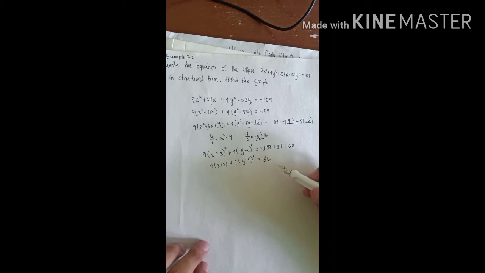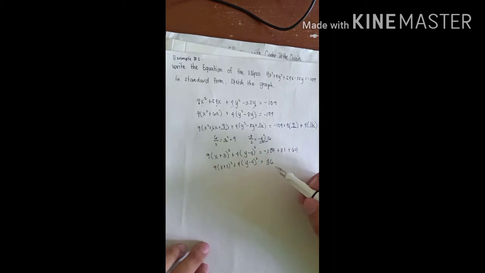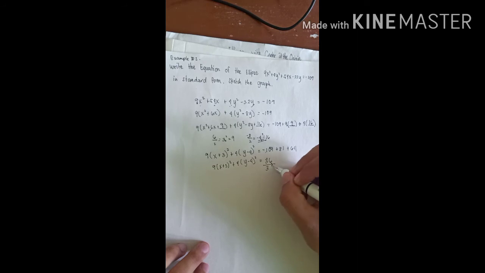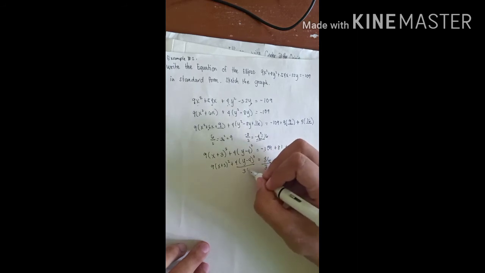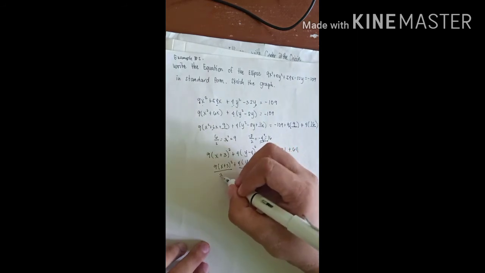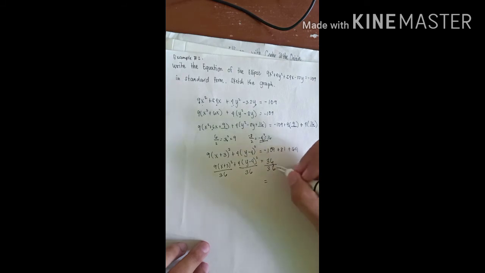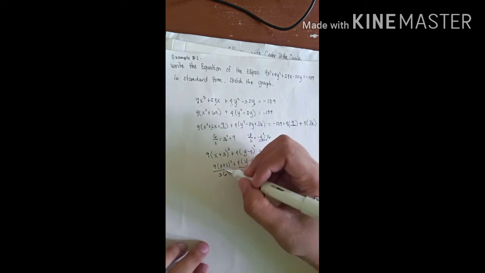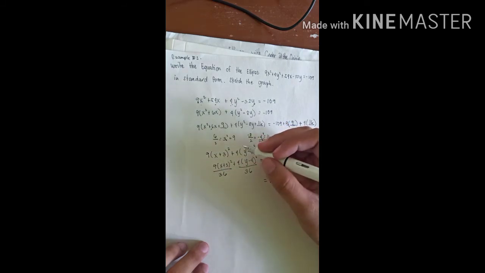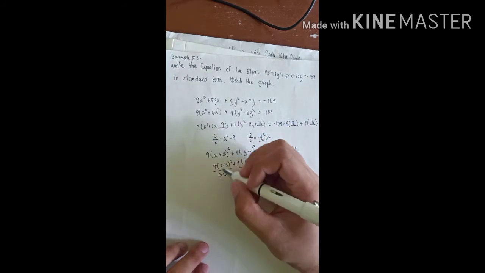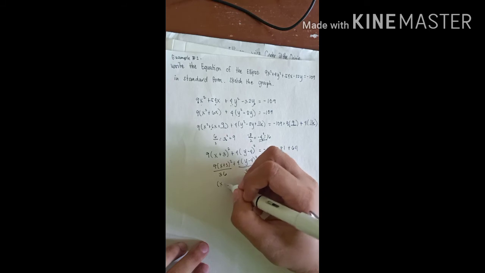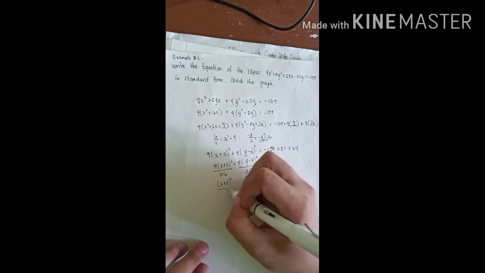Okay, next, what you're going to do now, so kailangan nga maging 1 yung sa right side. So, ang gagawin natin, i-divide natin to by 36. Divided by 36. So, 36 divided by 36, that is equal to 1. And then, 9 divided by 36, that is equal to 1 over 4. So, x plus 3, quantity squared over 4.